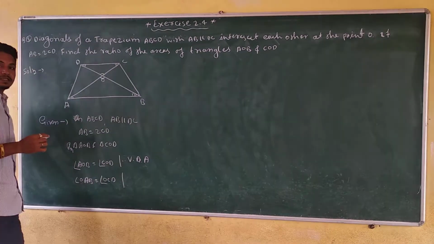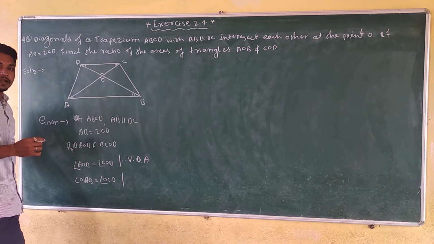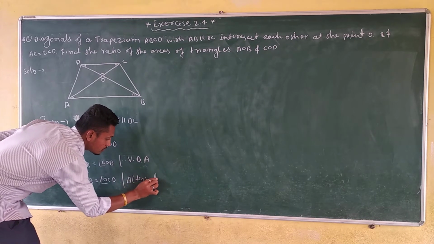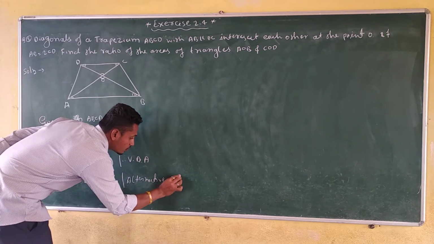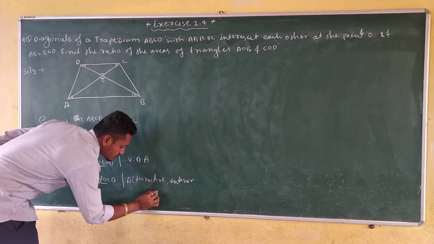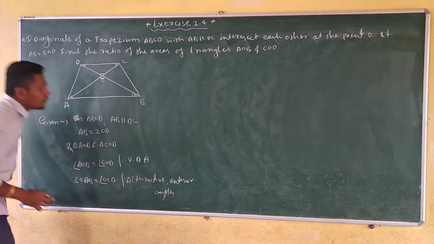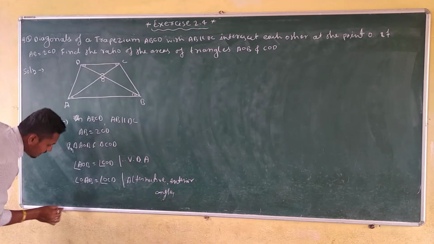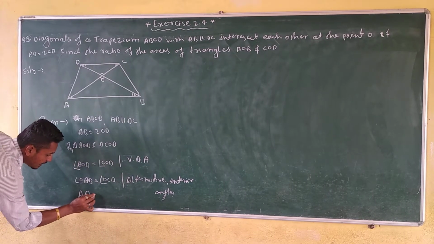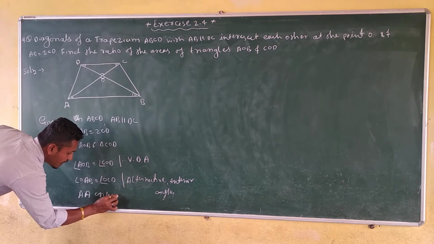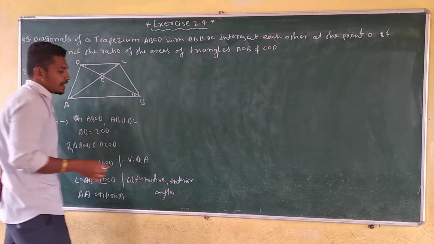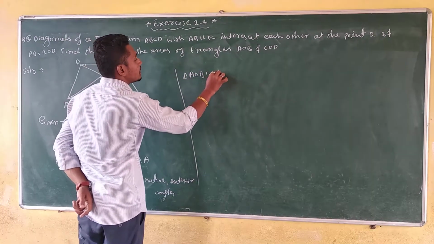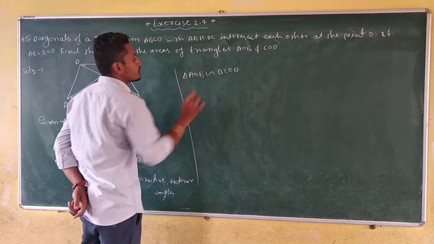Which angles are these? Alternate interior angles. Alternate interior angles are equal to each other. So now we can say that by the angle criterion, triangle AOB is similar to triangle COD.